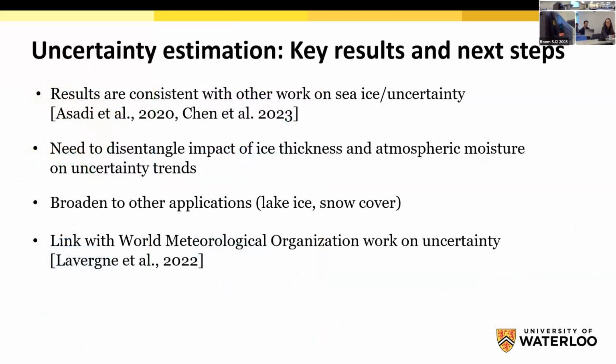Our results are roughly consistent with other work that we've done using data from other sensors. We want to work towards trying to disentangle the impact of ice thickness and atmospheric moisture. For example, when we look at the projections of sea ice concentration, what's our uncertainty envelope if we start to consider how much the data are dependent on the ice thickness and the moisture?